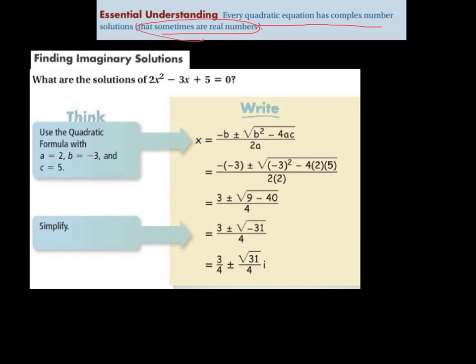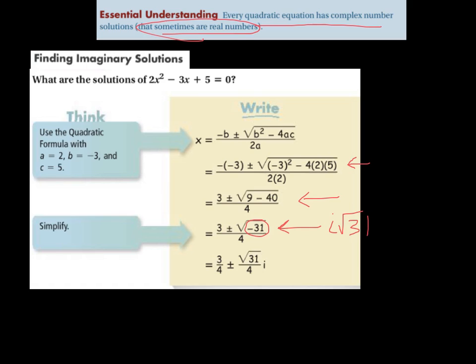Okay? But if we look at this example down here of 2x squared minus 3x plus 5 equals 0, when we go to the quadratic formula and go through these steps to simplify it, notice we get down here and we've got a negative underneath our radical. So remember, the negative underneath the radical really means we can pull out that negative as the i times the square root of 31.